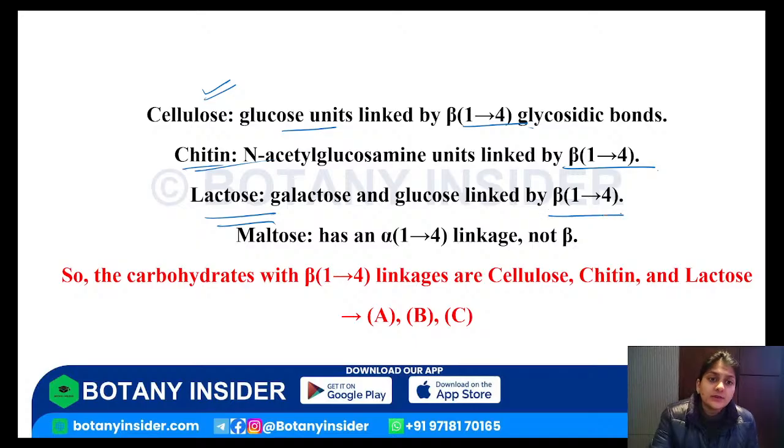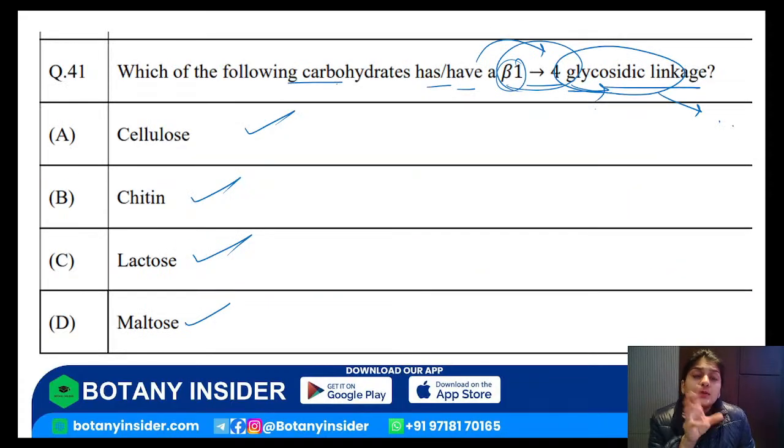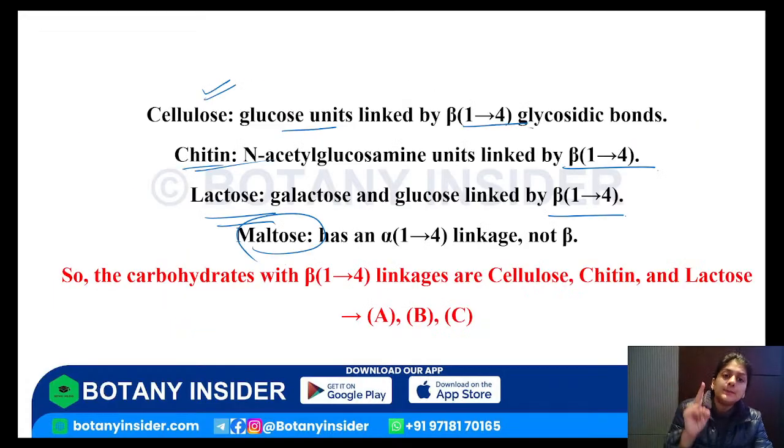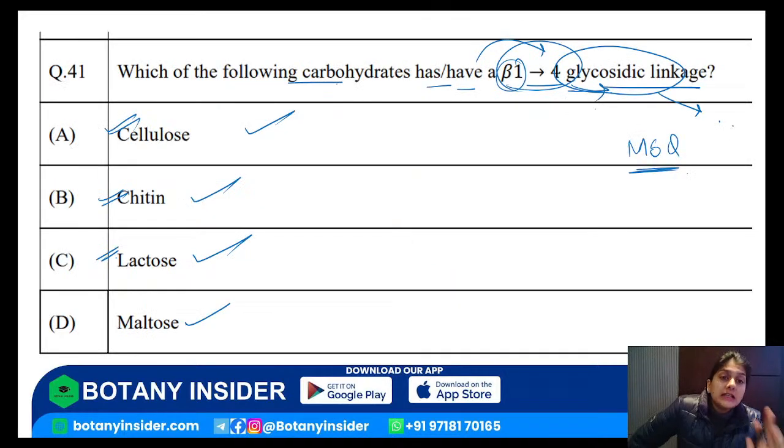Lactose has beta 1,4, but maltose has alpha 1,4 linkage. Because this is an MSQ, a multiple select question, cellulose, chitin and lactose, all three, A, B and C, are the correct answer.